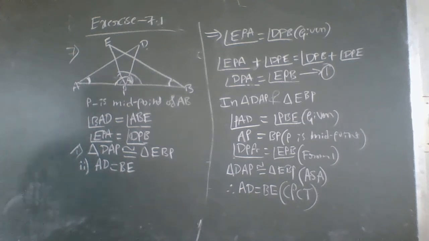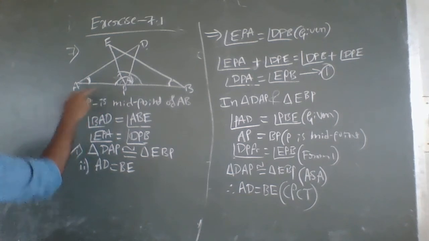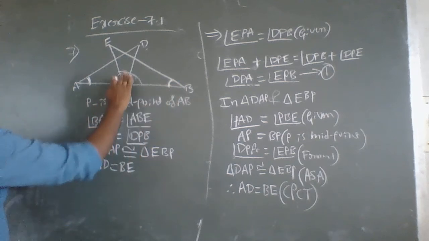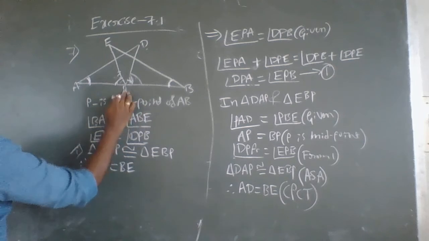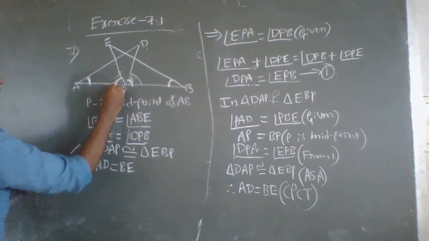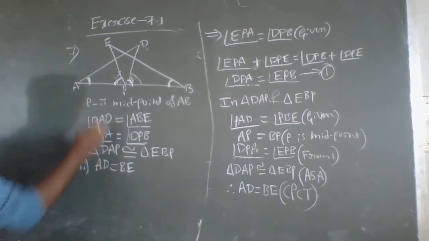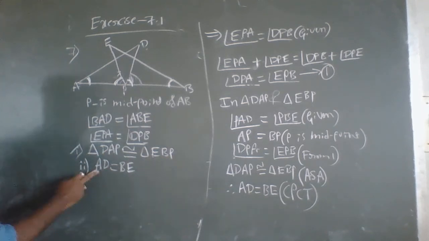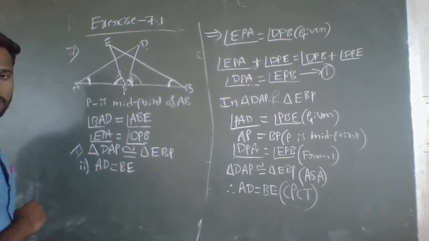See here again. They have given P is the midpoint and this angle A is equal to angle B, and these two angles, BPD, this angle, and APE, this angle, are equal. We have to prove that triangles DAP and EBP are congruent, and that AD equals BE.